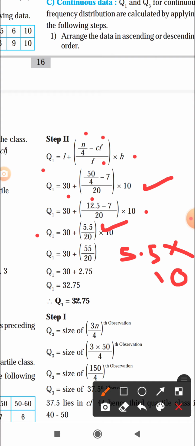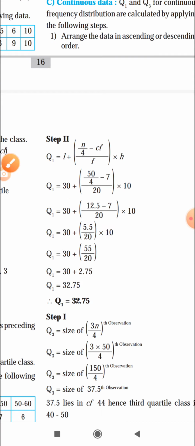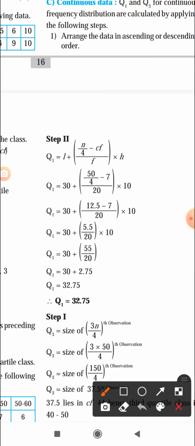So Q1 is equal to 30 plus 2.75, that is 32.75. So here we get an answer: Q1 is equal to 32.75. That is our Q1, that is the first quartile.